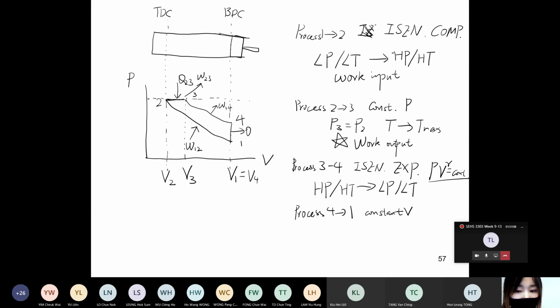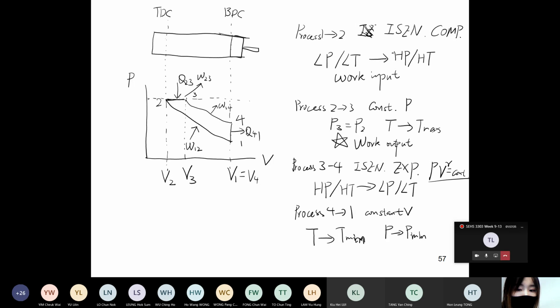What we have is a heat rejection. There is no work because there is no movement. The temperature of the air goes back to the minimum, and every property goes back to the initial state.